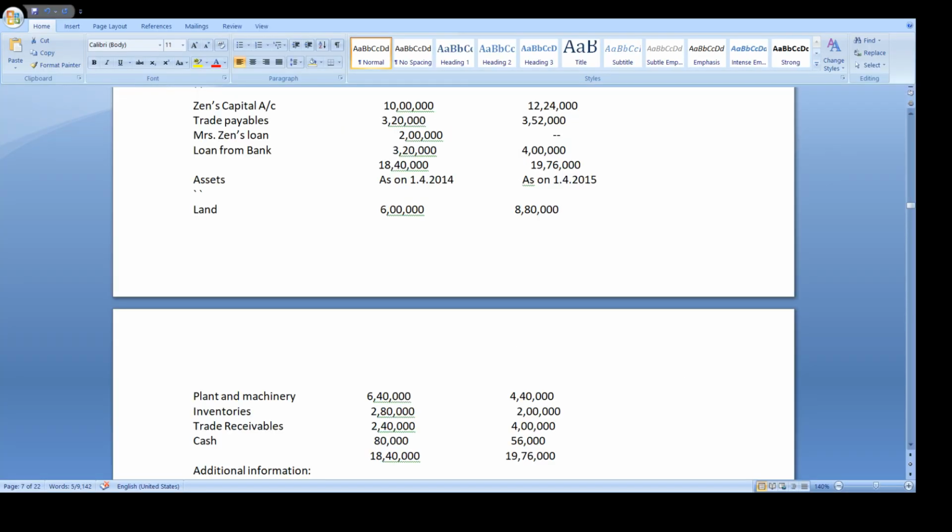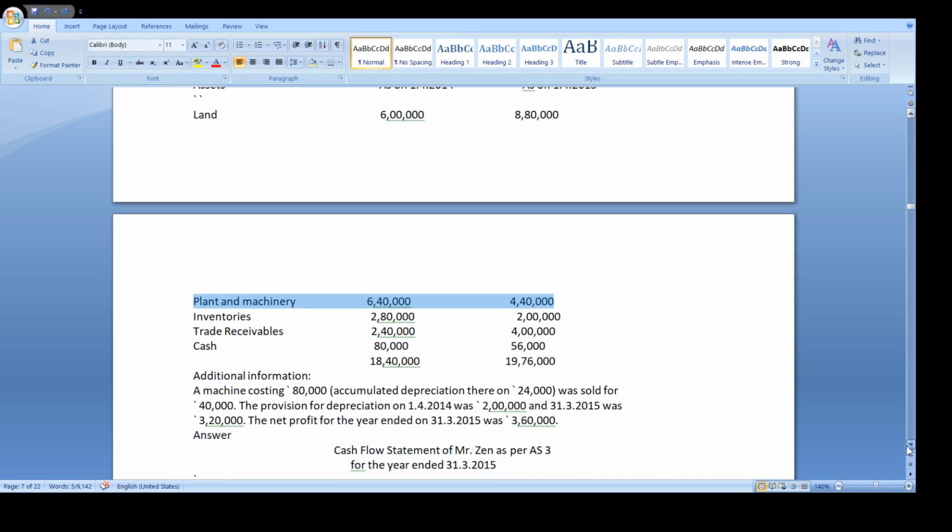Just have a look. 4 lakh 40,000 plus 3 lakh 20,000.